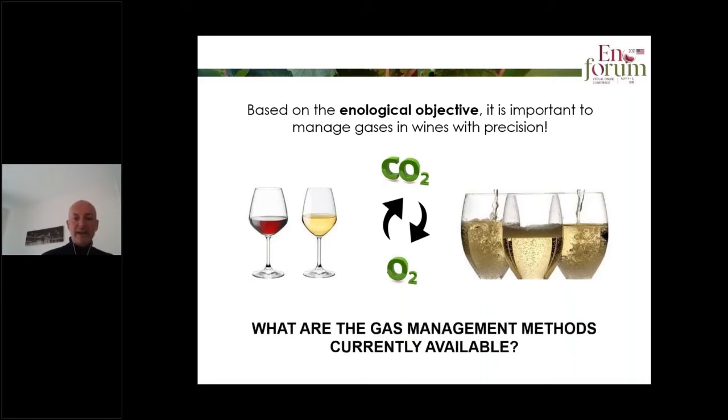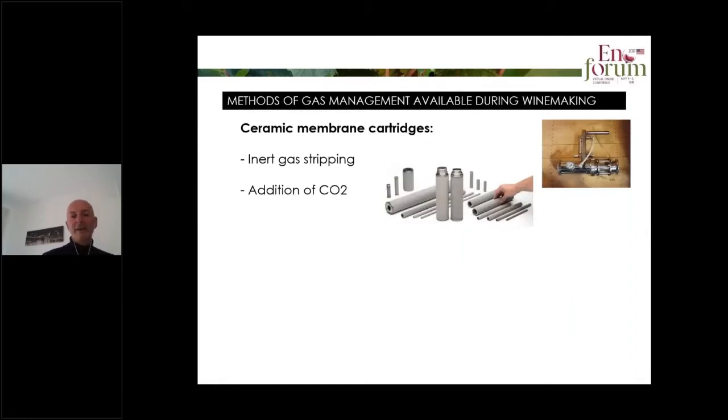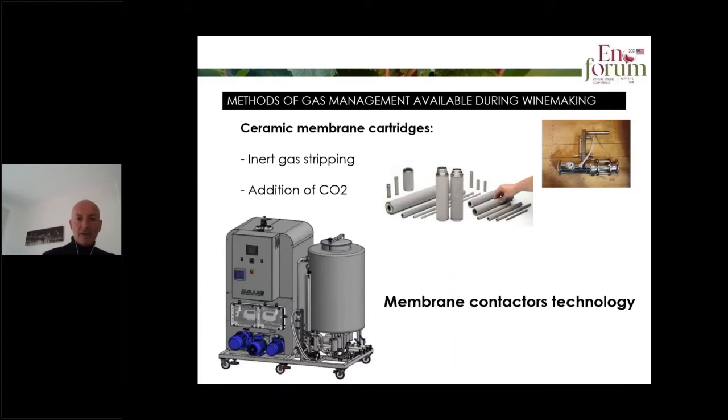What are the gas management methods that are currently available? Mainly there are two. The first one is ceramic membrane cartridges, used for inert gas stripping and addition of CO2. The other is the membrane contactors technology.